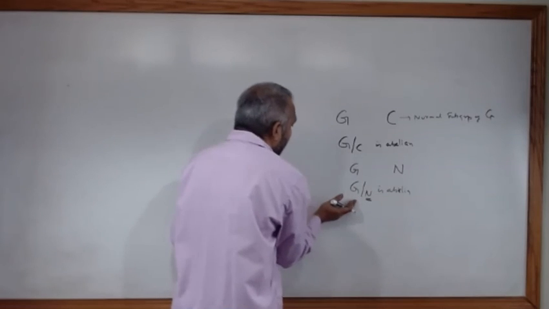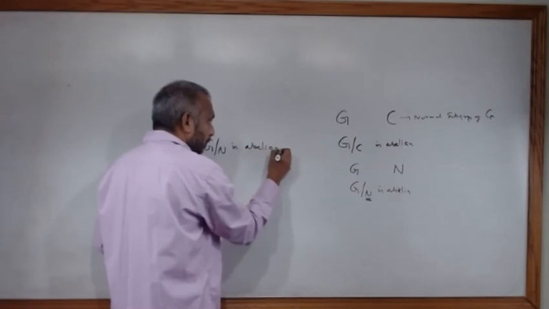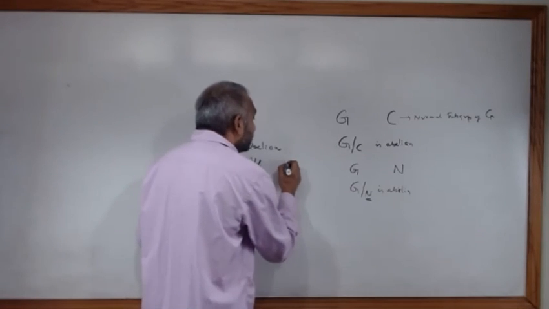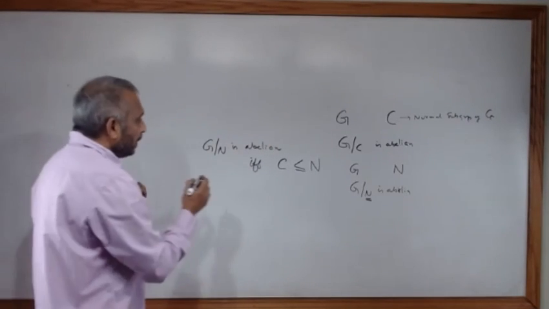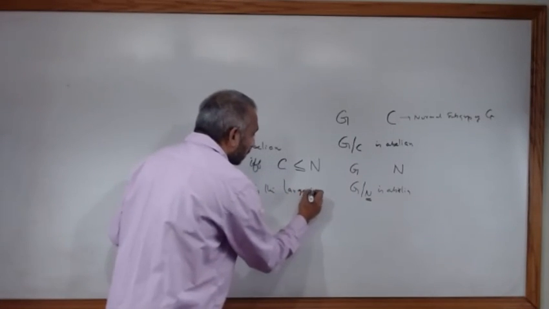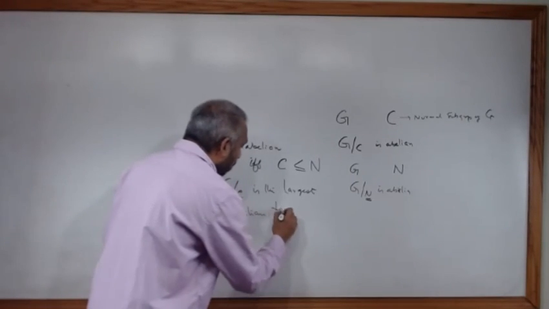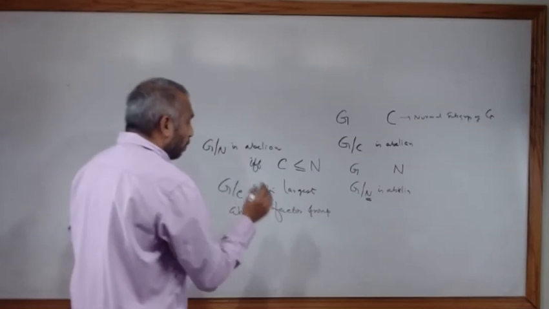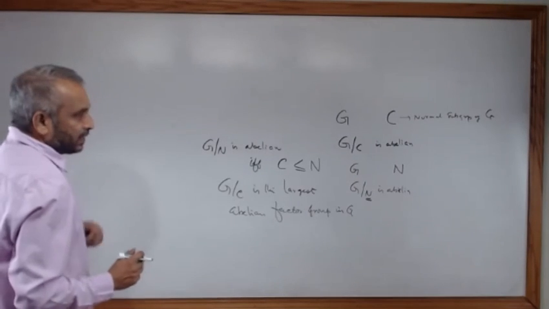The result says that G by N is abelian if and only if N contains C. Meaning G over C is the largest abelian factor group of G.